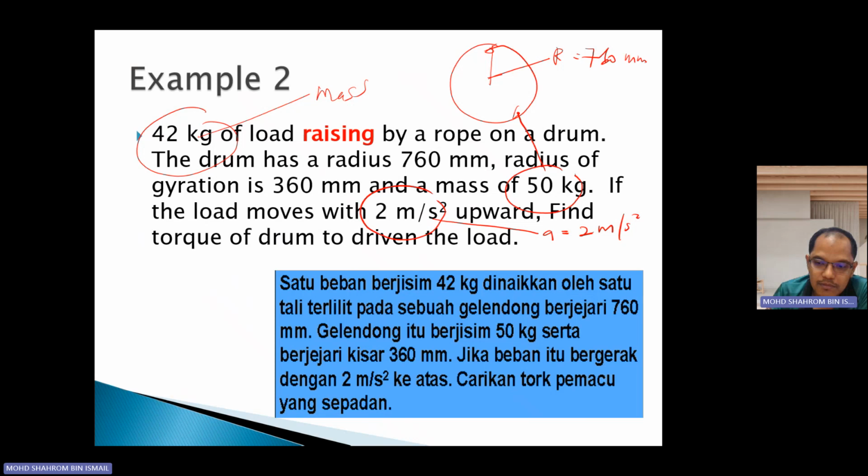So basically the question wants you to know what is the torque that manages to raise the mass of 42 kilogram with acceleration of 2 meter per second squared. So this is the question.